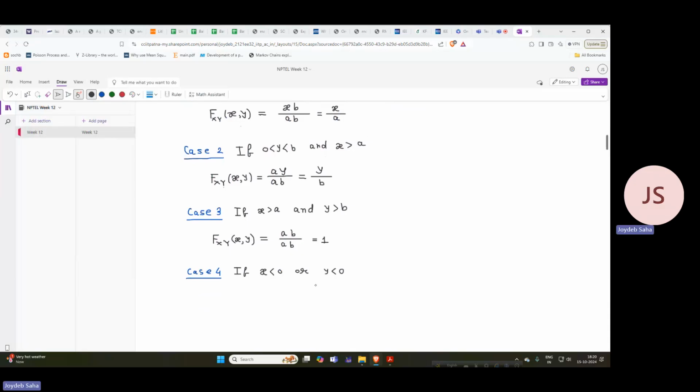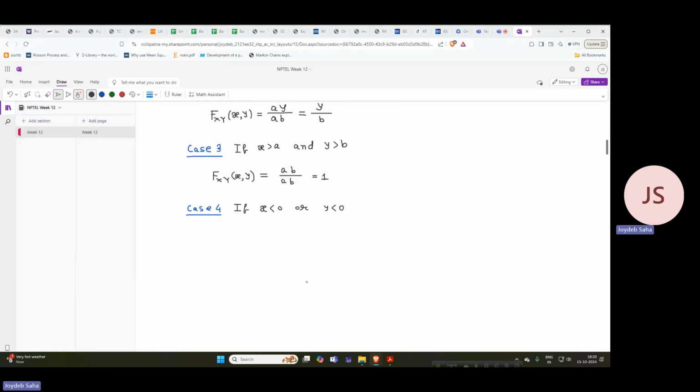Then what will happen? Please try to think and then match the answer. And in between, if there is any question or query, please raise it in the chat box. You try to solve this, please take 1 or 2 minutes.